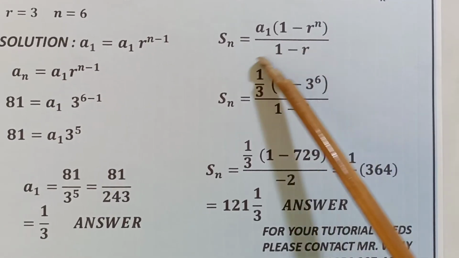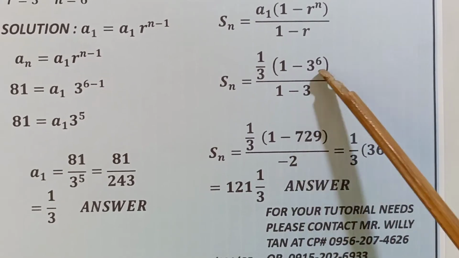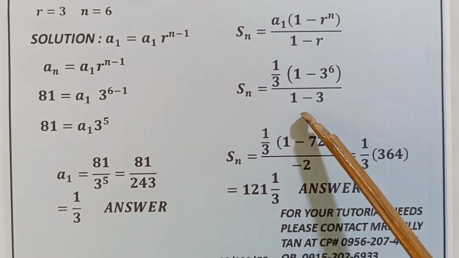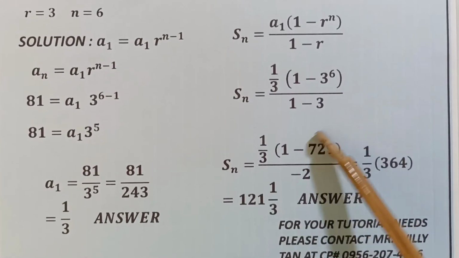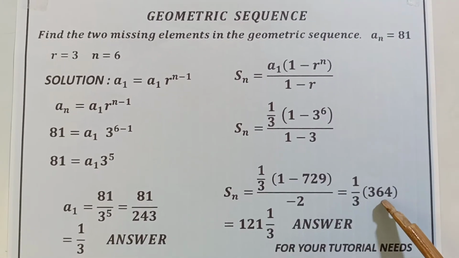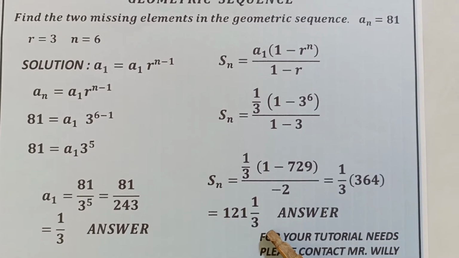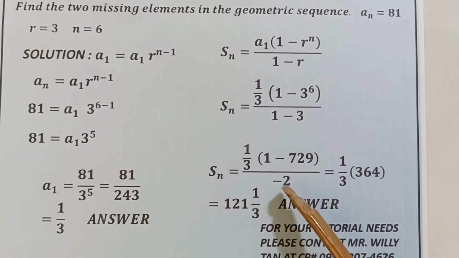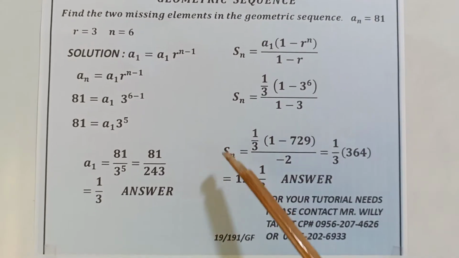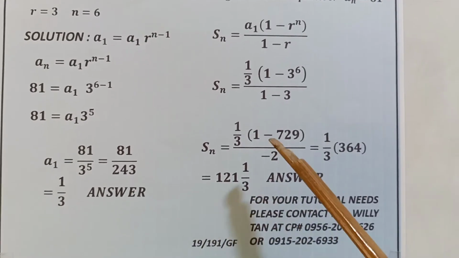Solving for these values, 1/3, 1 minus 3 raised to 6, 3 raised to 6 is equal to 729, all over 1 minus 3, which is equal to negative 2. Solving for all these values, that is equal to 1/3 times the quantity 364, which will lead us to 121 and 1/3. So the two unknowns are a sub 1, which is equal to 1/3, and S sub n, which is equal to 121 and 1/3.